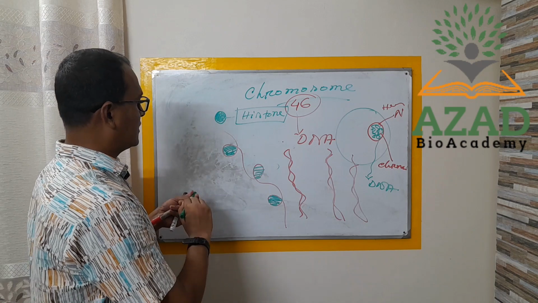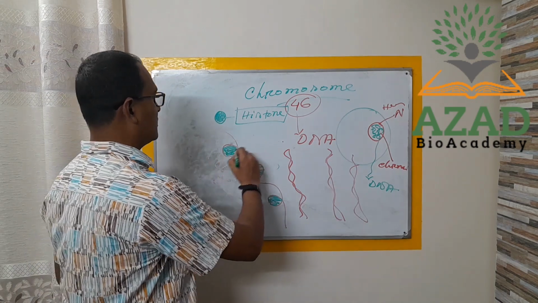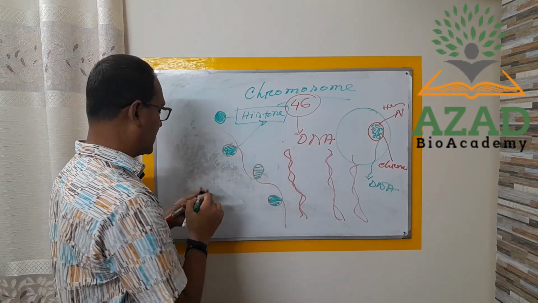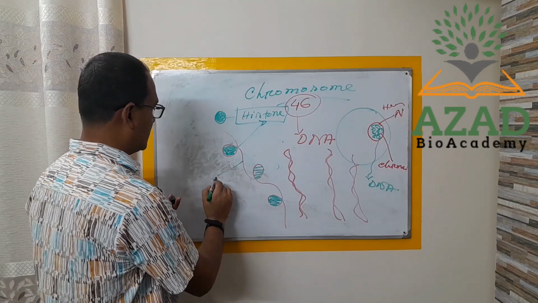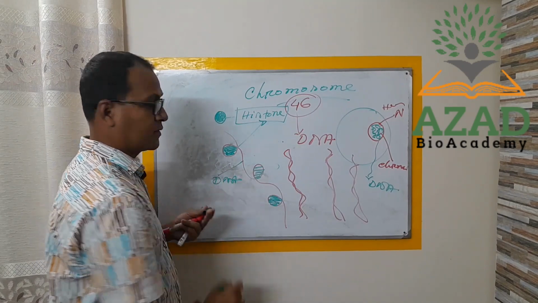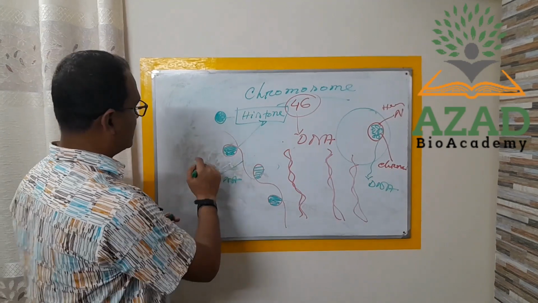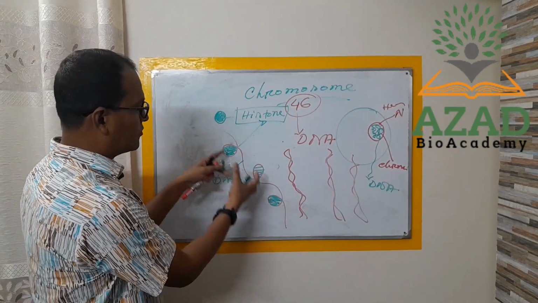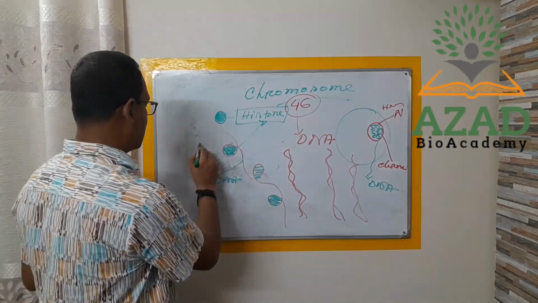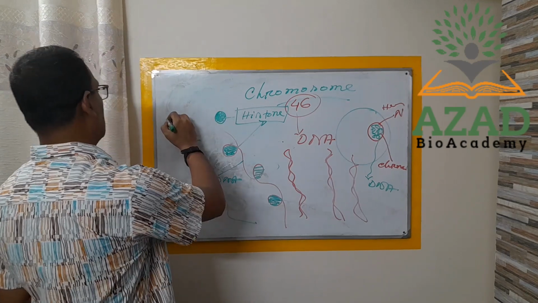That is the histone protein, and the thread-like substance is DNA. This assembled form of histone protein and DNA is called chromatin.